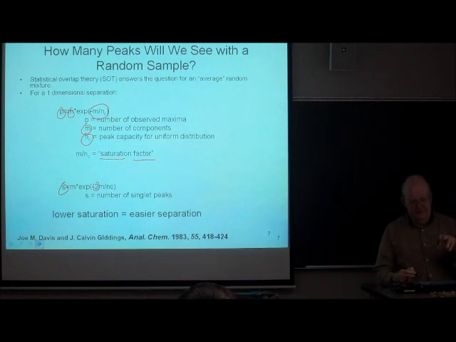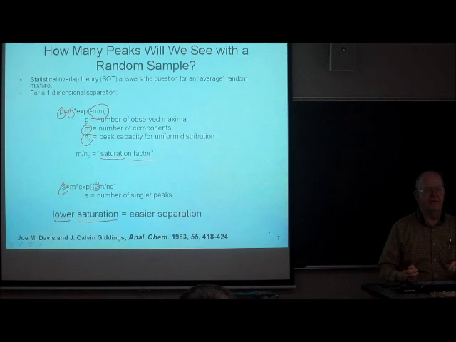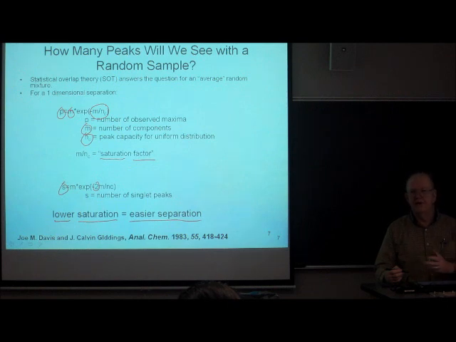Now, given that this m over the peak capacity is in the exponent and it's a negative exponent, the lower your saturation factor is, the easier the separation will be. If you had a peak capacity of, let's say, 10, and you have a two-component mixture, that's a fairly easy separation.